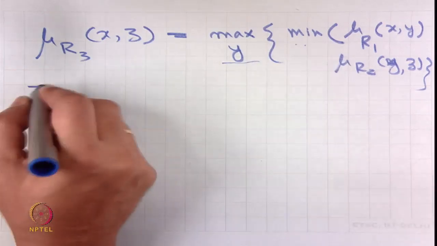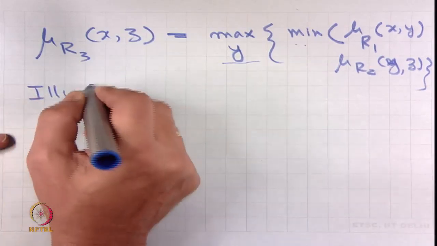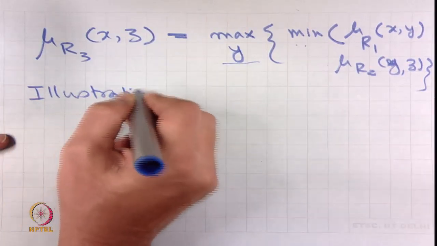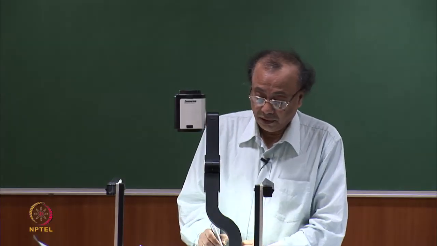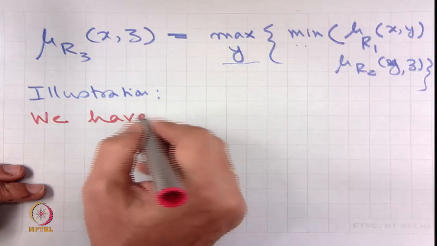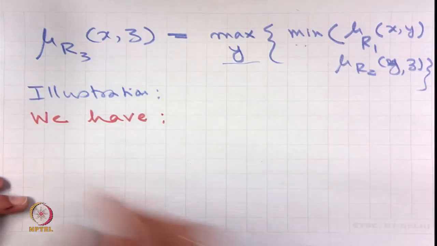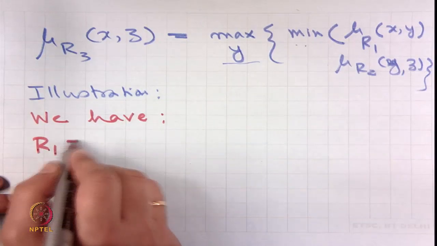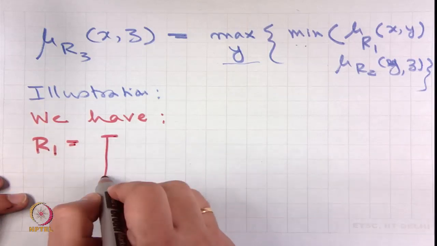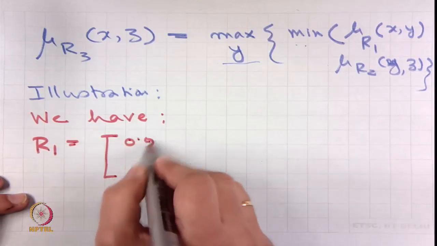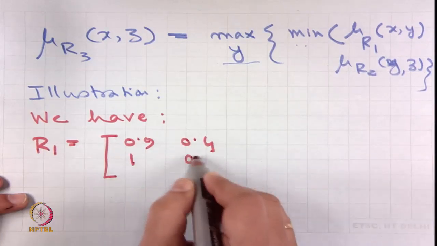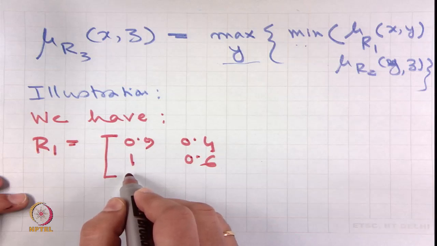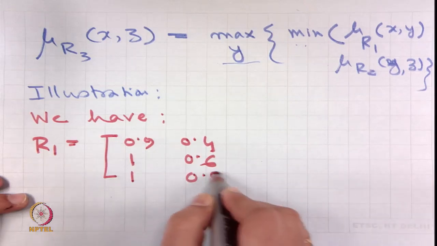So, for illustration, we already had R1 is equal to 0.9, 0.4, 1, 0.6 and 1, 0.9.